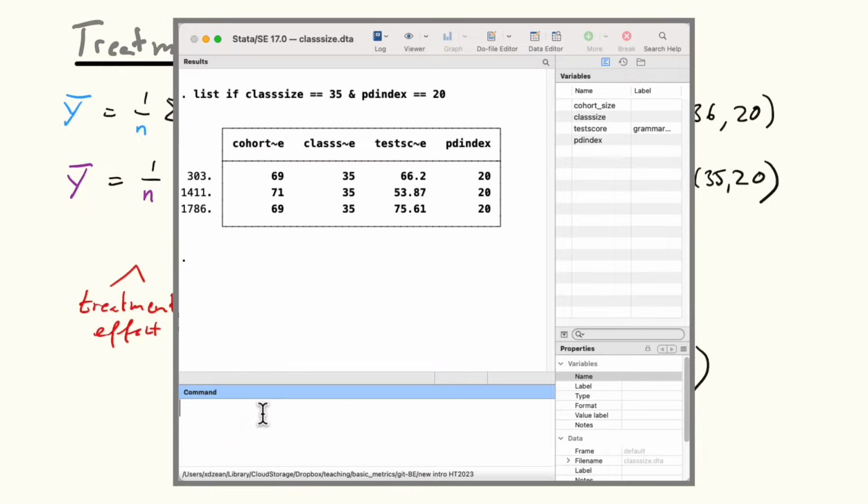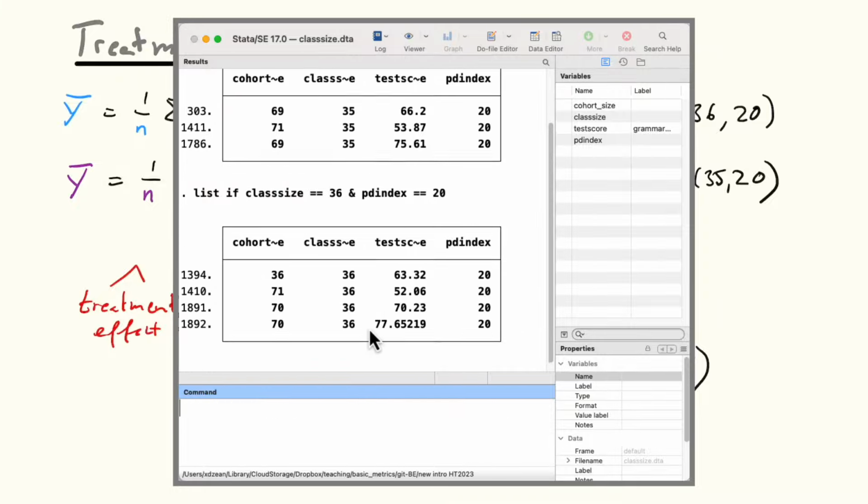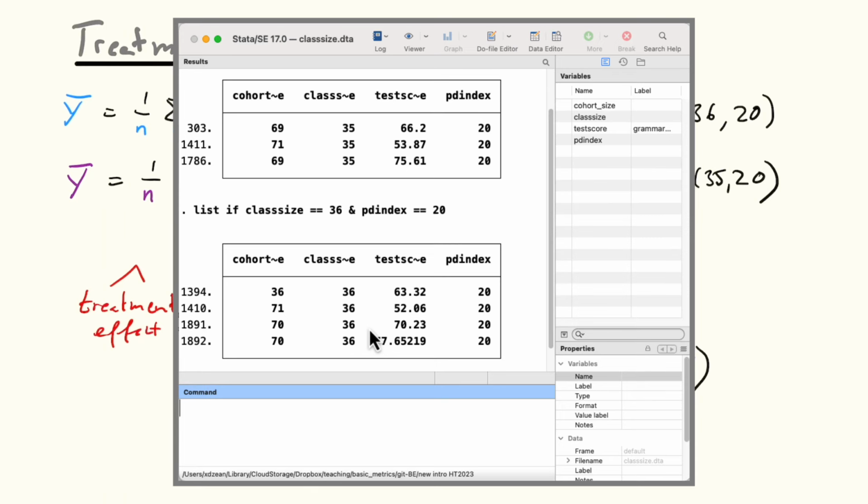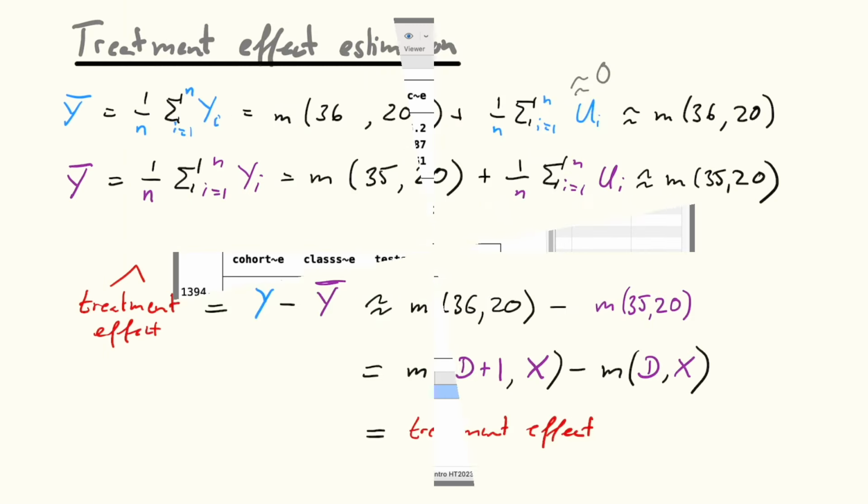Here we go. We also need all the blue classrooms, that is the treated classrooms. They have a class size of 36 and also a PD index of 20. So now we have all the data that we need to compute our treatment effect estimate. I'll leave the computation up to you.